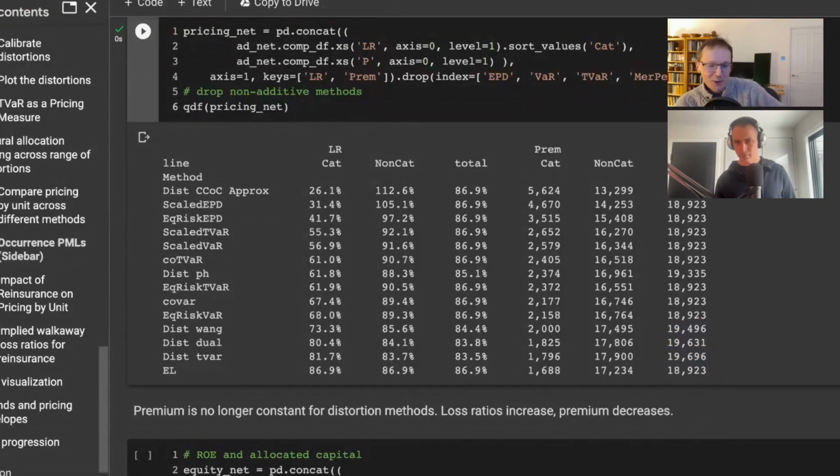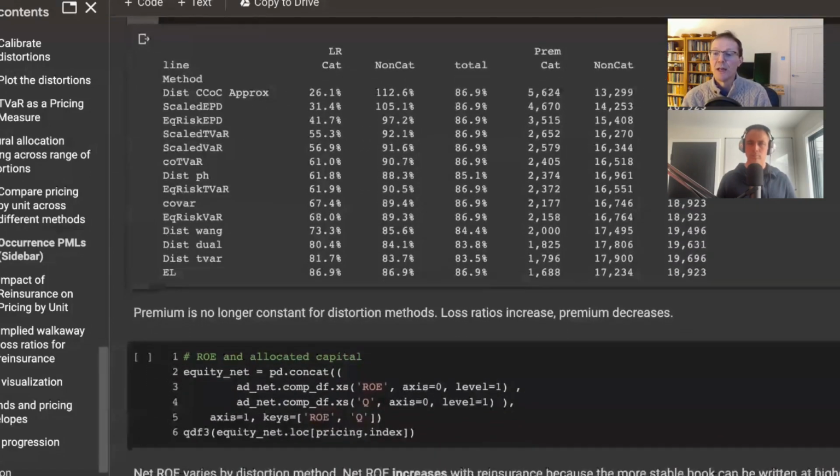Now, yeah, so the distortions, though, they look at it differently. They say, all right, you need less capital, but you're getting rid of cheap capital at the top, and you're probably going to need more, relatively more volatility capital is going to be required. So their price is not going to be the same. It's going to vary, and it's going to vary by distortion. And that's what you're seeing, right?